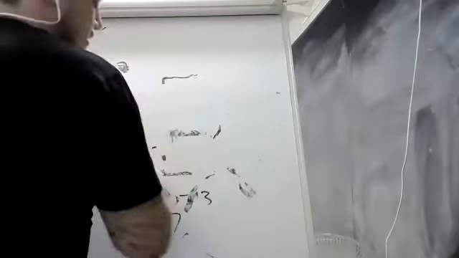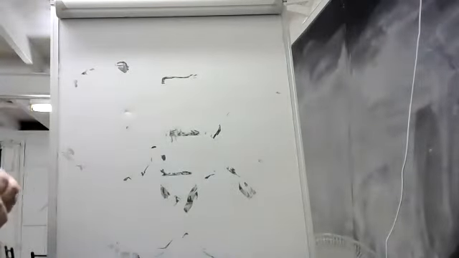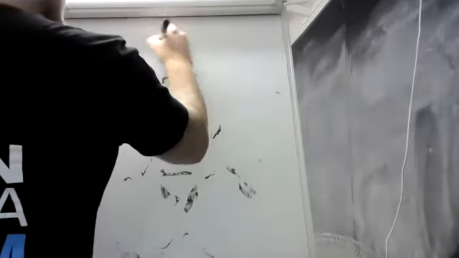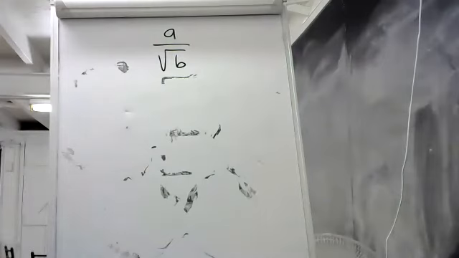What about rationalizing the denominator? So when we've got a to the power of square root of a divided by square root of b, how would we flip it around or rationalize the denominator? Don't overthink it.